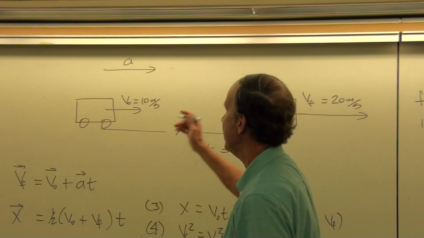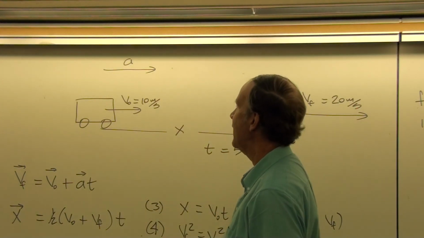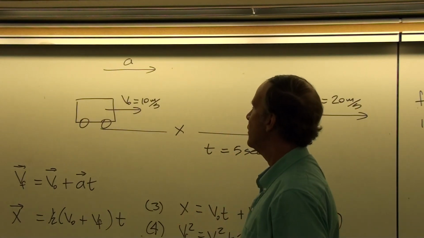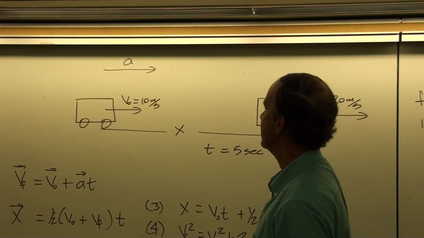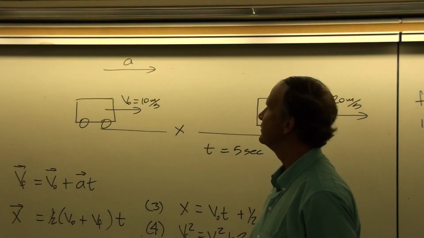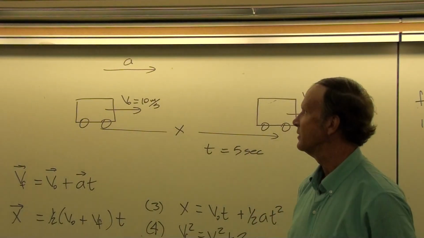It would be slowing down if the acceleration were pointing in the opposite direction from the velocity. So even though I don't know what the acceleration is, a complete vector diagram would include an acceleration vector that points in the positive x direction.